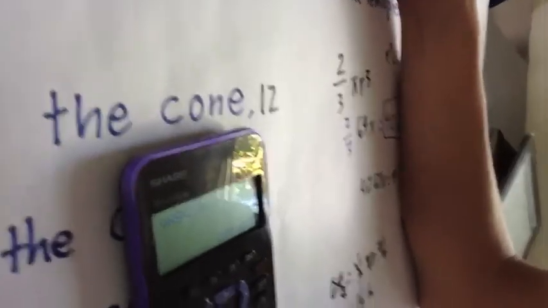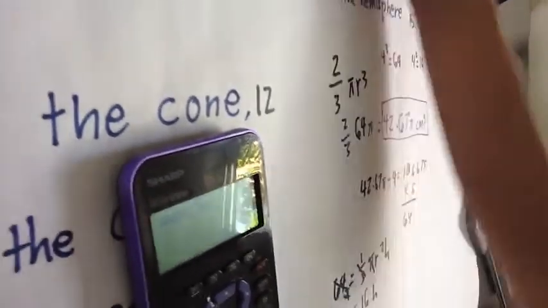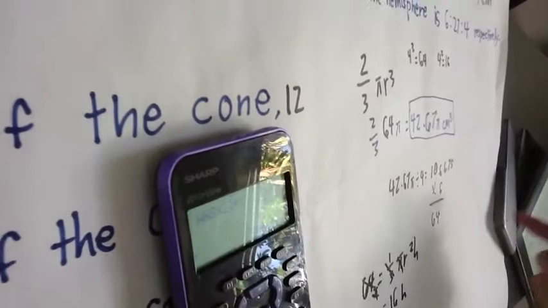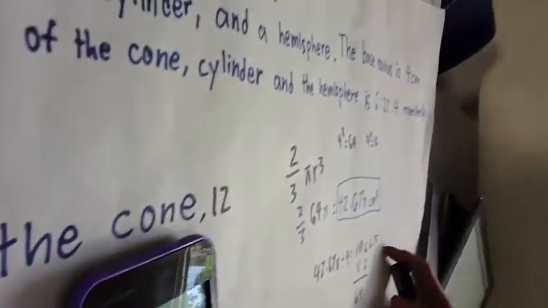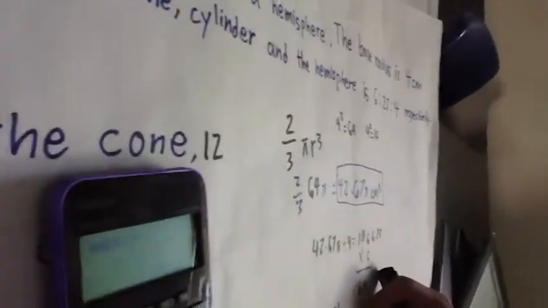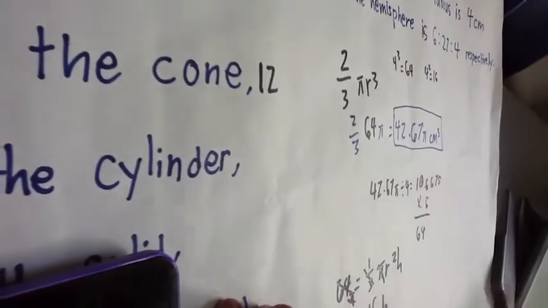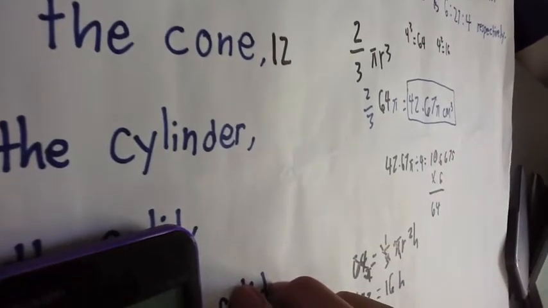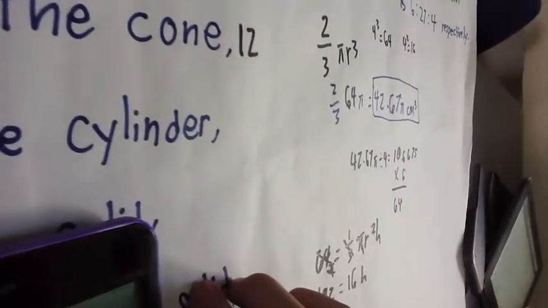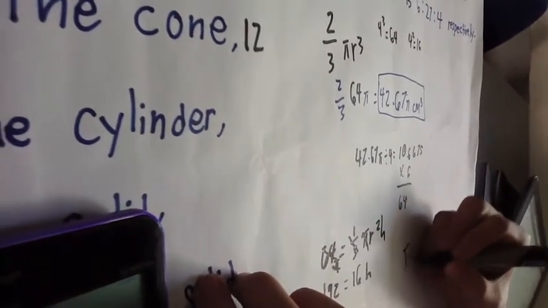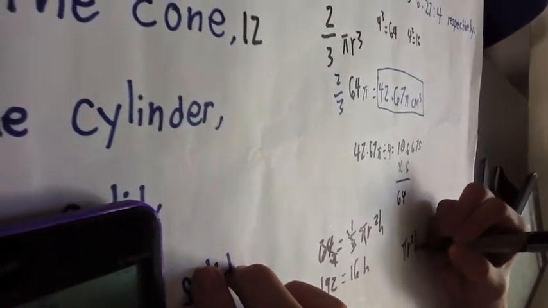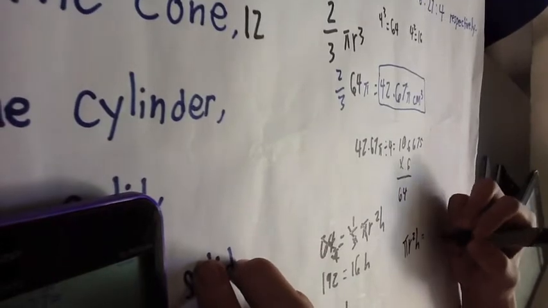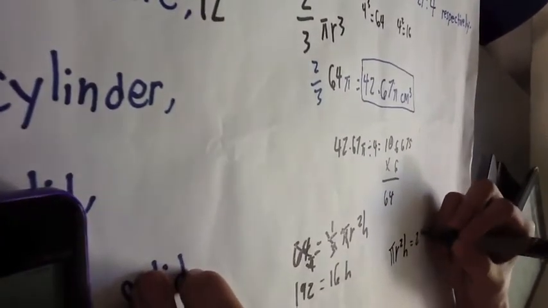the cylinder. Now we have to use the formula of the volume of the cylinder to find the height of the cylinder. The formula is pi r squared times height, and the volume is 288.02.